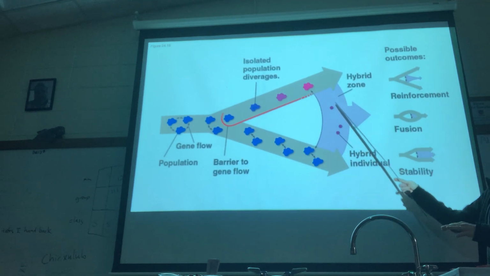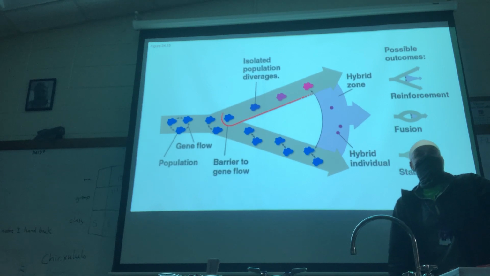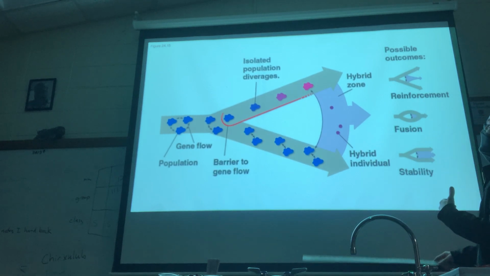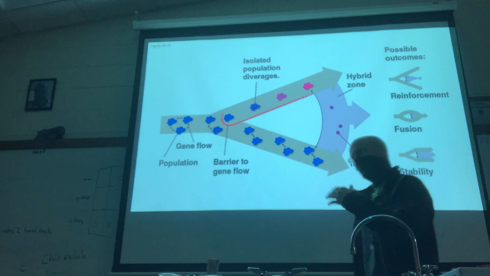Now, what happens in these hybrid zones, there are three results of where a hybrid zone can lead. And that's where you have reinforcement, fusion, and stability. And I just want to go through them.